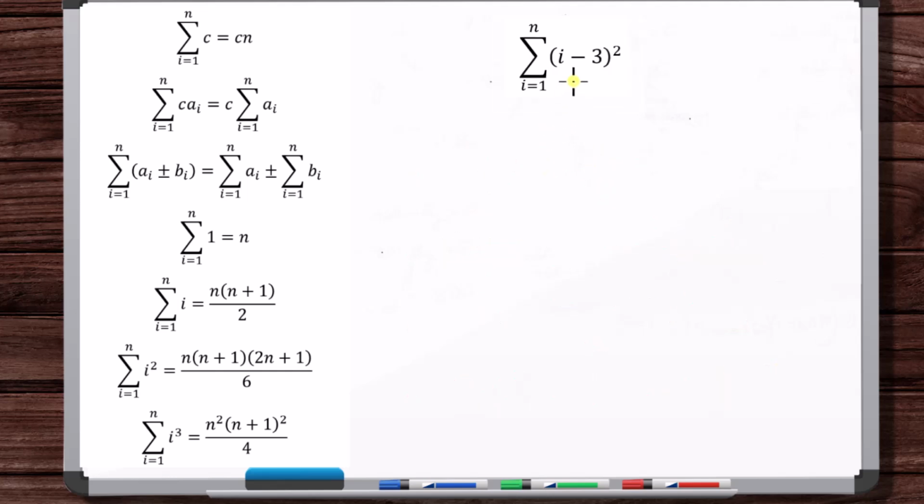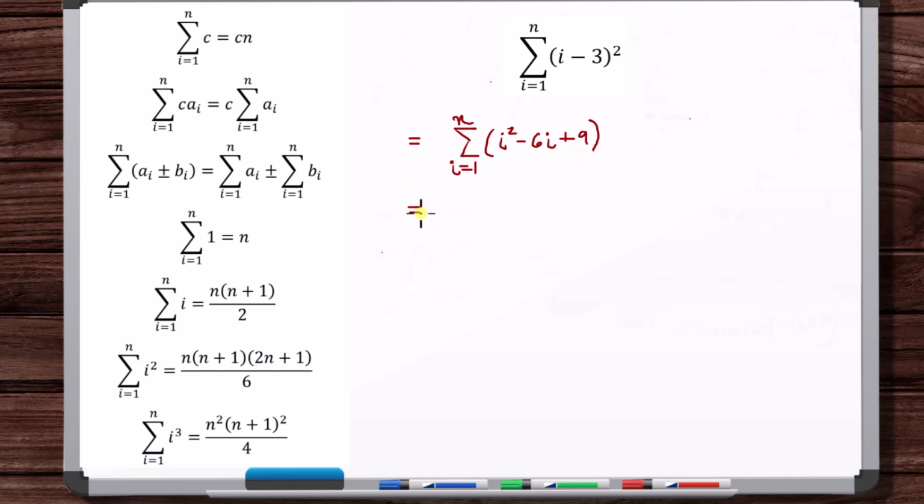Okay, this is interesting. We don't seem to have a property for something like i minus 3 squared, but what can we do? We can expand this. I minus 3 squared is i squared minus 3i minus 3i, and then minus 3 times minus 3. Now we know how to work with this.